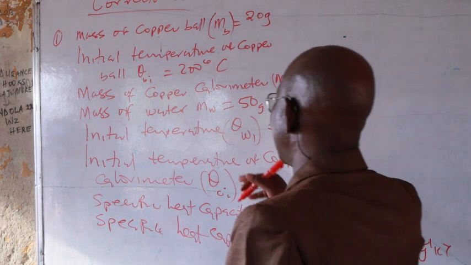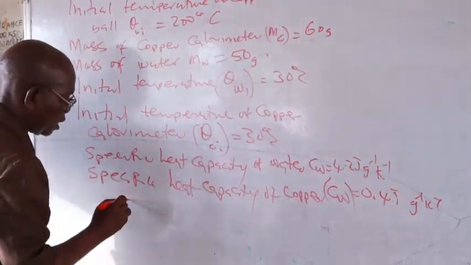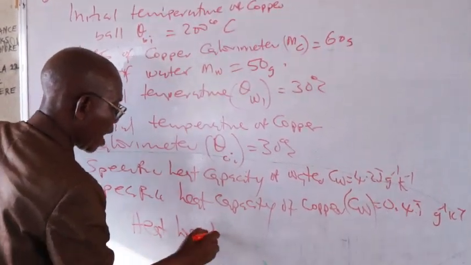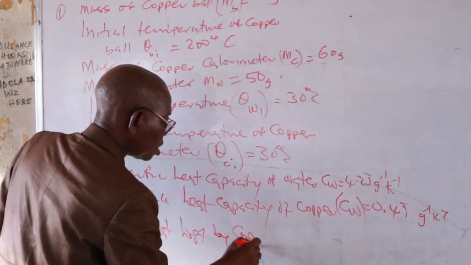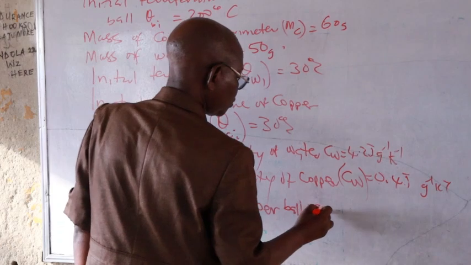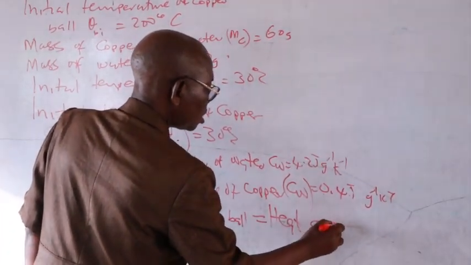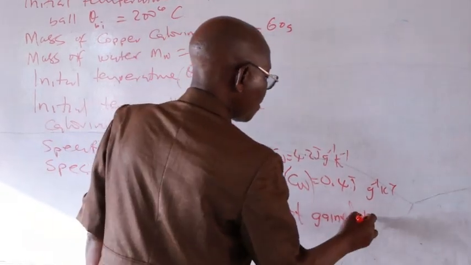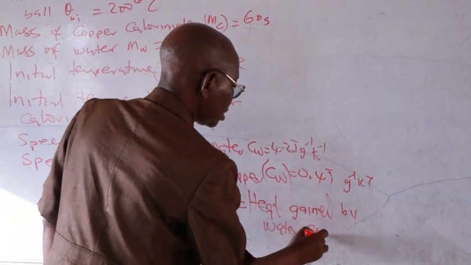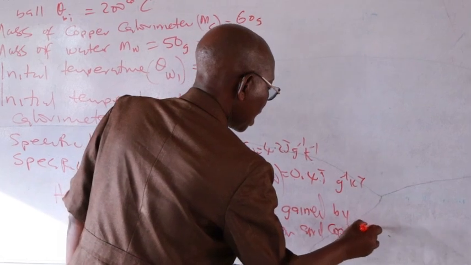After you have extracted all what you have here, the next thing to write is to say heat lost by copper ball equals heat gained by water and copper calorimeter.